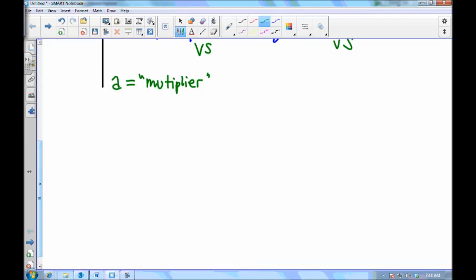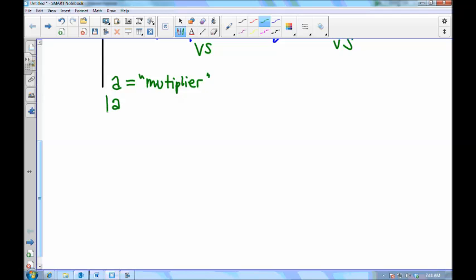A is the multiplier. We've talked about this, and we've written it down multiple times, so let's see if we can remember. There are 3 things we list that A could do. Remember what A does? The steepness. Okay, so here's one situation.